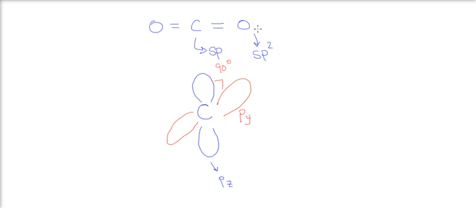On the oxygen atom, we have as well one p orbital that is unhybridized. So for oxygen, the one on the right, in order to form a double bond, this oxygen has a p orbital that is parallel to the pz of our carbon.